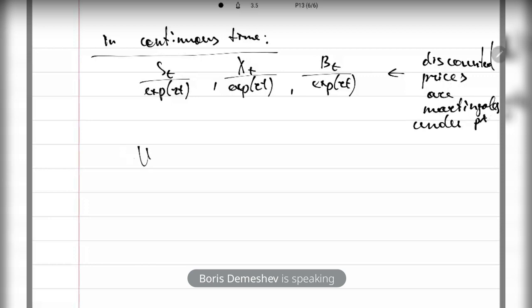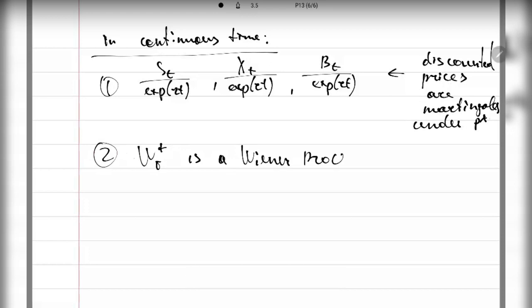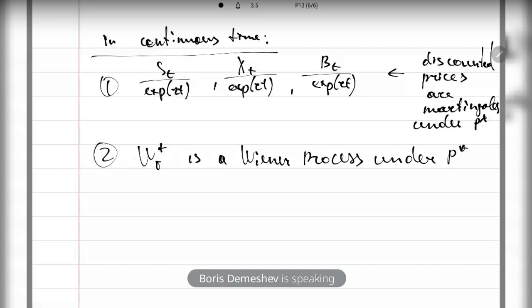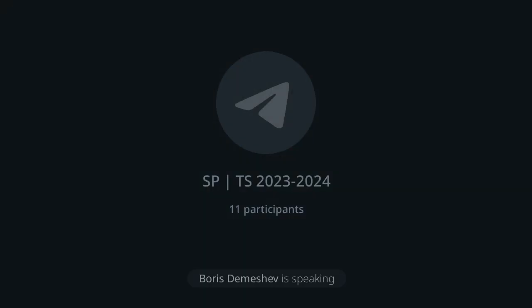The second fact we use is that WT star is a Wiener process under P star. And that makes this P star a little like black magic. You can't see it, you can't feel it. What is P star?